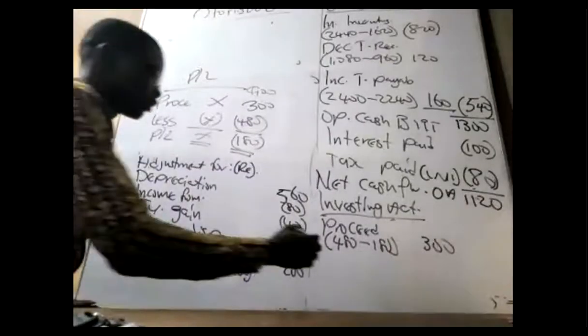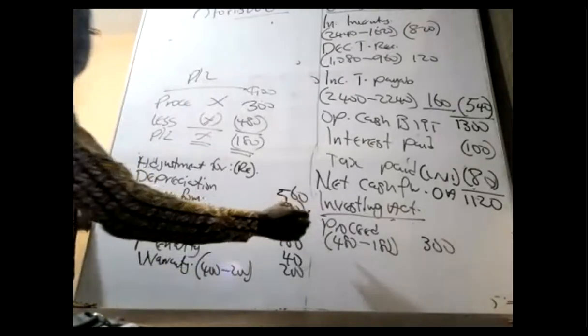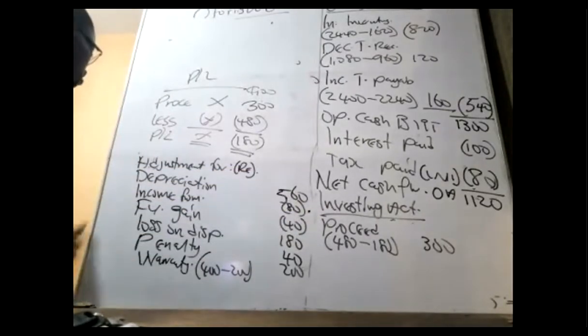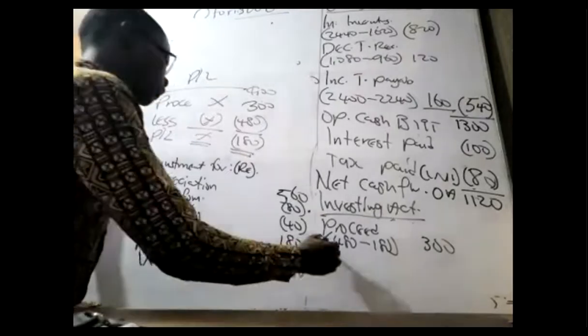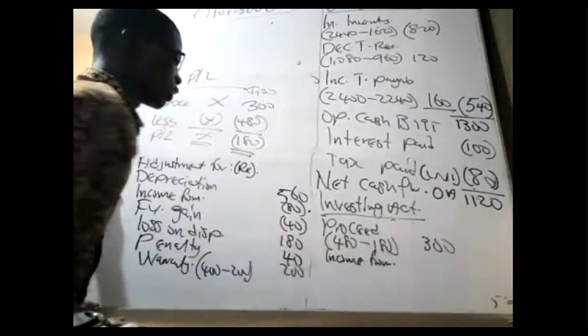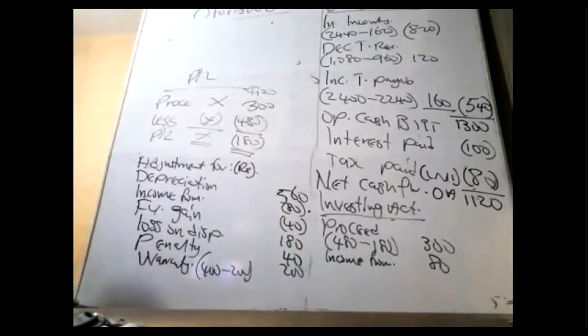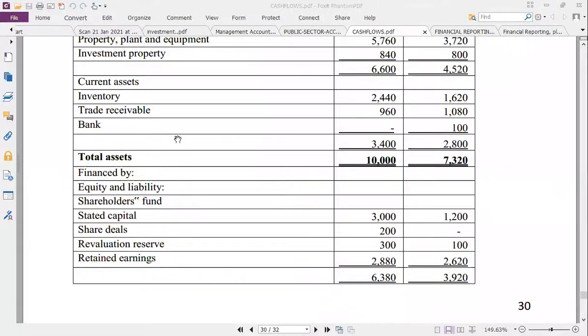So the one that we subtracted here, we need to come and add it here. So income from investment property, 80. It's a positive figure we are adding. Is there any other income? That's all.